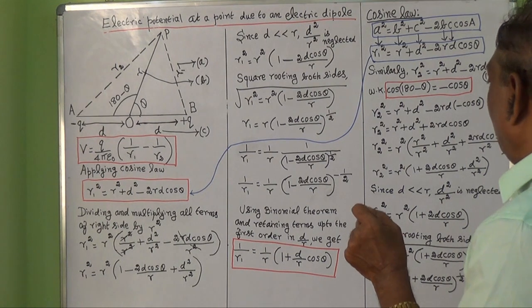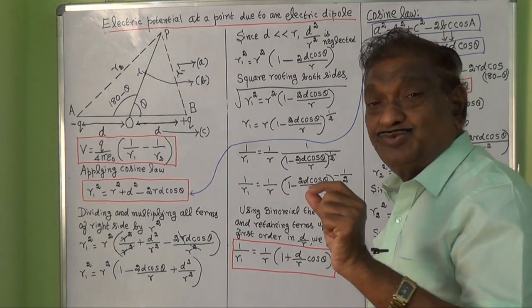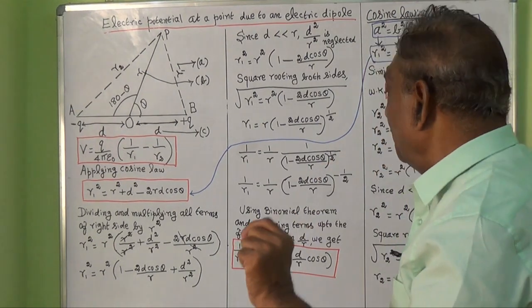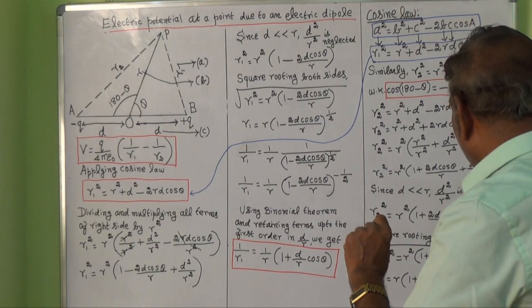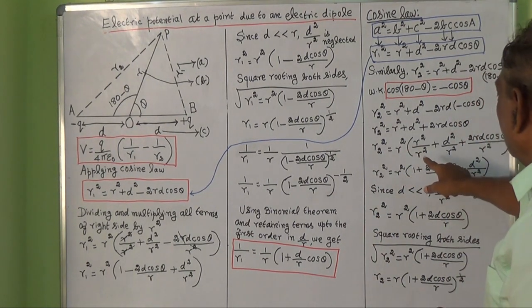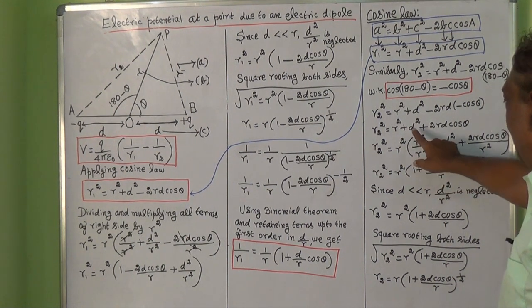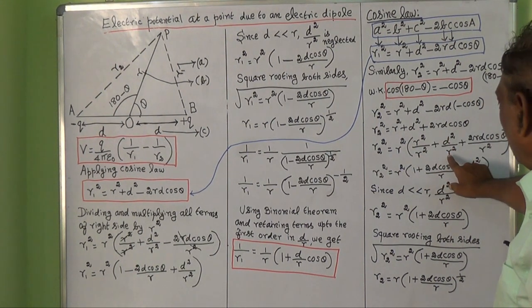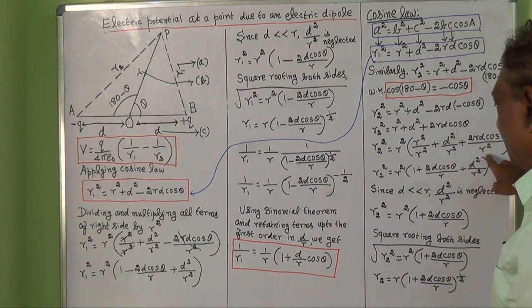Then if we divide and multiply all the terms of the right side by R square, we will get R square into R square by R square plus D square by R square plus 2RD cos theta by R square.